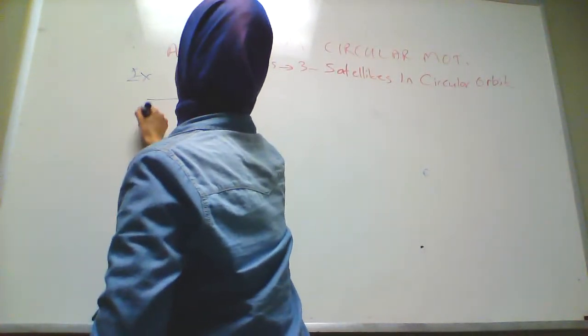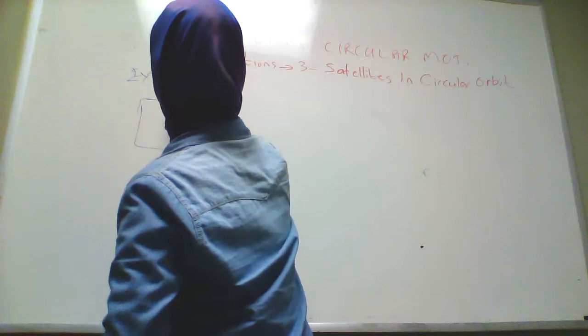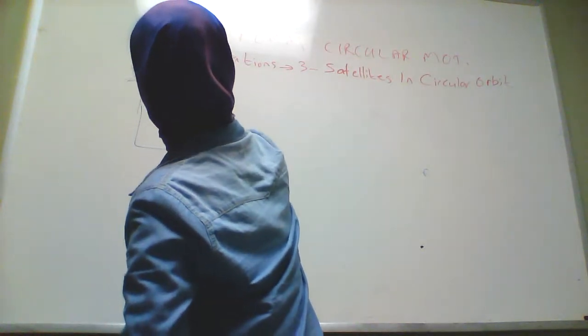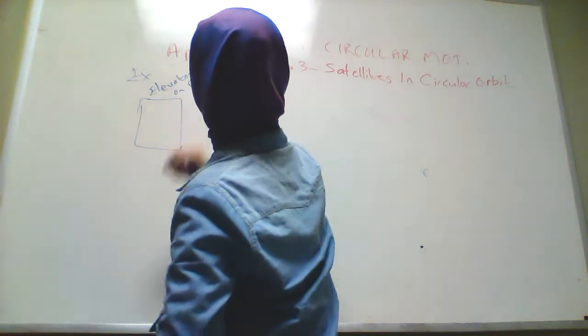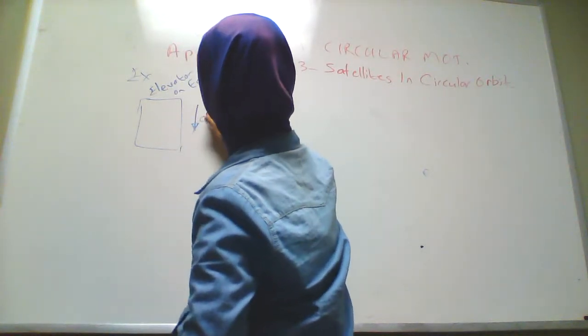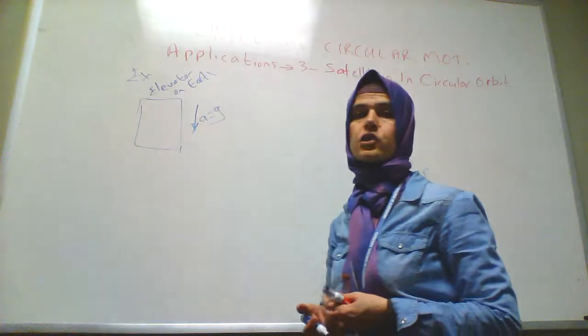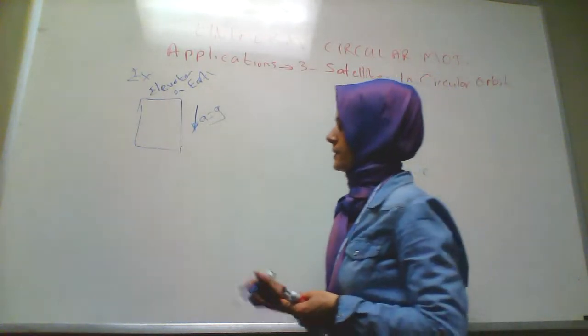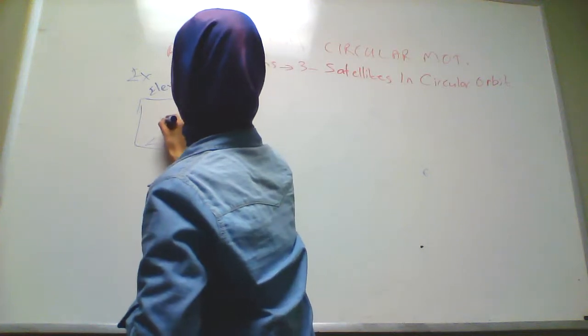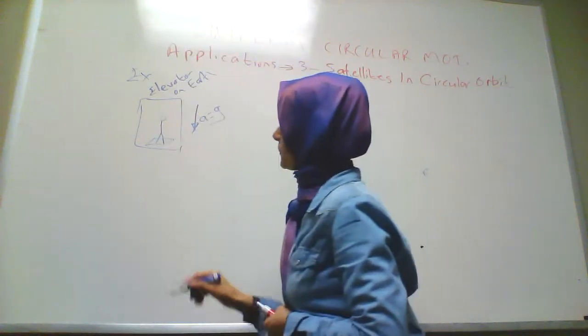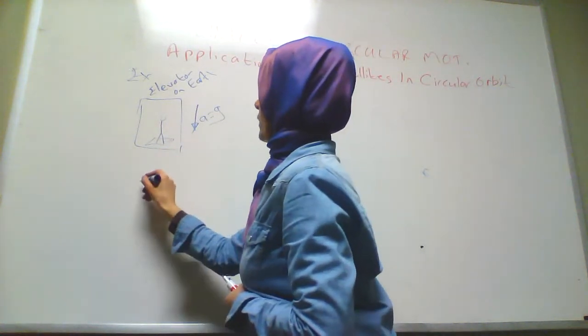We have an astronaut in an elevator on Earth, and the elevator is falling down in free fall, so a is equal to g. We solved these questions in class. And the astronaut is measuring his weight, standing on a scale. What would the scale read?